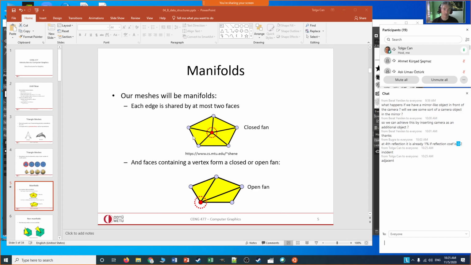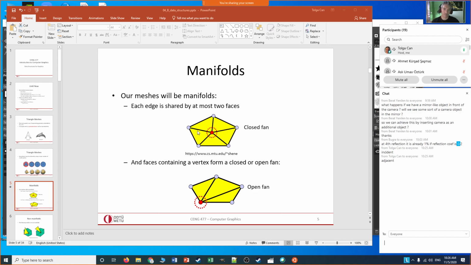So if they are 2 same type objects, if they're neighbors, we use the term adjacency. On the other hand, incidence is between 2 different types of objects. For example, a vertex may be incident on this edge, which means that vertex is one of the endpoints of this edge. Or an edge may be incident on a face in that case.